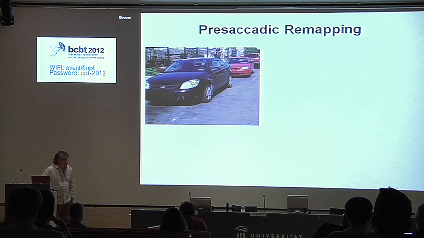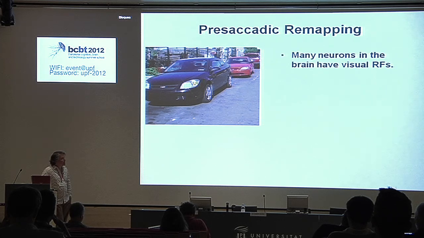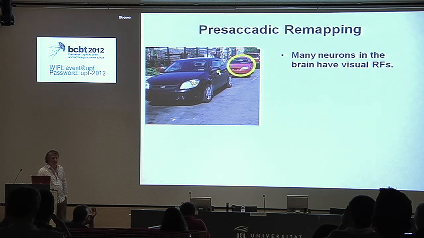So presaccadic remapping, probably some of you have heard of this, but let me go through it. It's also known as shifting receptive fields. You know that many neurons in the brain have visual receptive fields. So if a monkey is looking here, a neuron that you record in frontal eye field or most of extrastriate cortex can only see a certain part of the field.